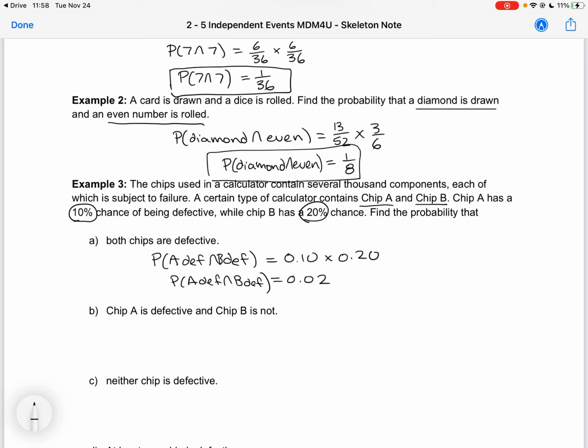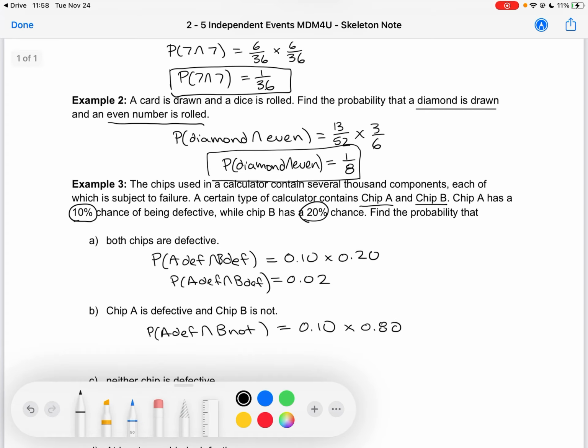The next thing that we're going to investigate is if chip A is defective and chip B is not. So we've got our chance that A is defective, 10%. Now we need our chance that B is not defective, which is 1 minus the chance that B is defective.